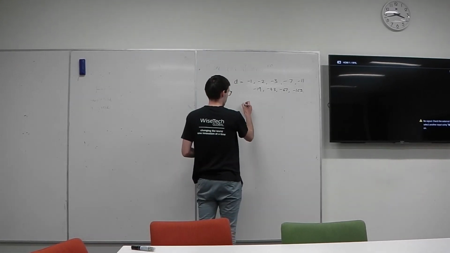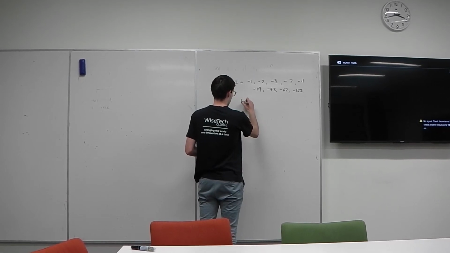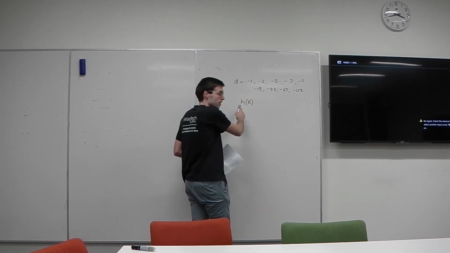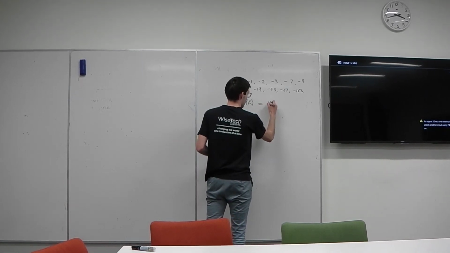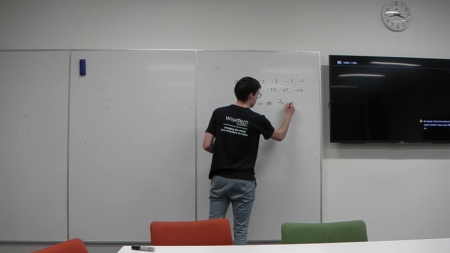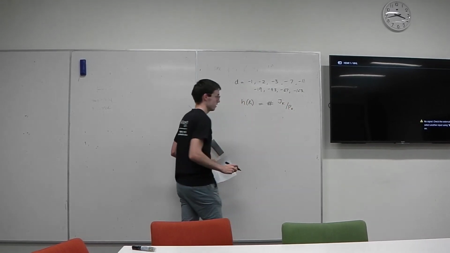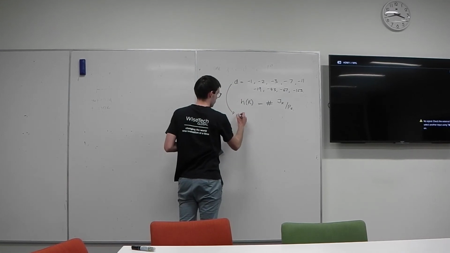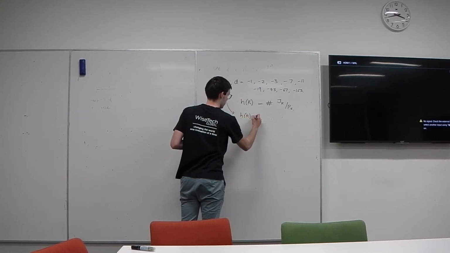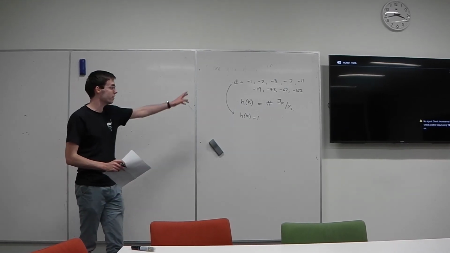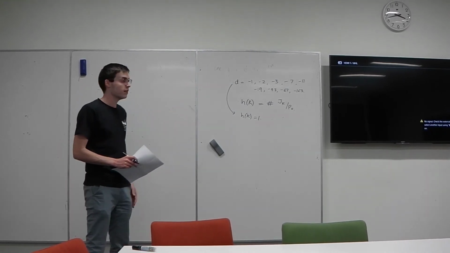I'll call the class number, it is normally written with an H. It's the size of J_K over P_K, the size of the class group. So in these cases, it's always equal to 1. And every other choice of D is non-trivial.